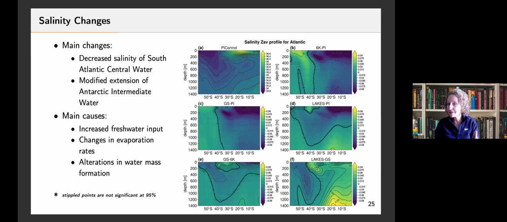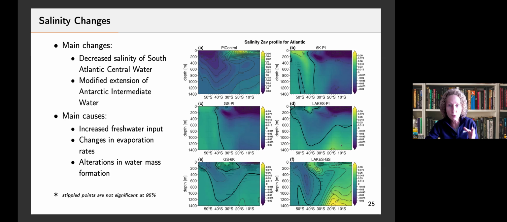And if we look at salinity, and just making another parenthesis, when we're looking at water masses, we look at combined salinity and temperature. Salinity is important because it's a unique property of specific water masses.